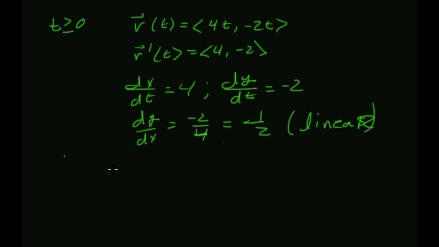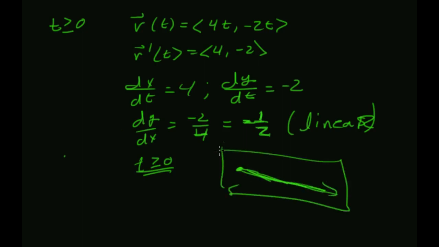But t is greater than or equal to 0, so it has a starting point. Let's give this a little bit more accurate representation, right? Because this is -1/2, this thing's going to go downward. So it's going down 1 for every 2. It's going to kind of look like that, going in that direction.